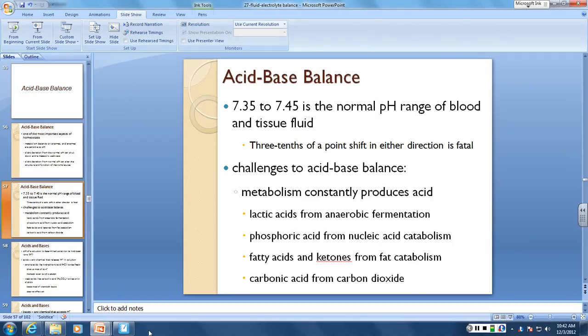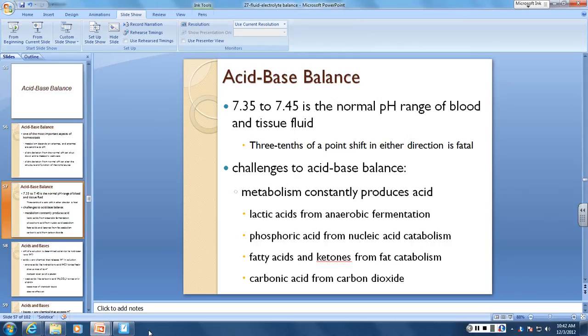So 7.35 to 7.45, but look what it says, 3/10 of a point shift in either direction is fatal. That's not a whole lot, is it? So what pH would you say is fatal then? 3/10 of a point?